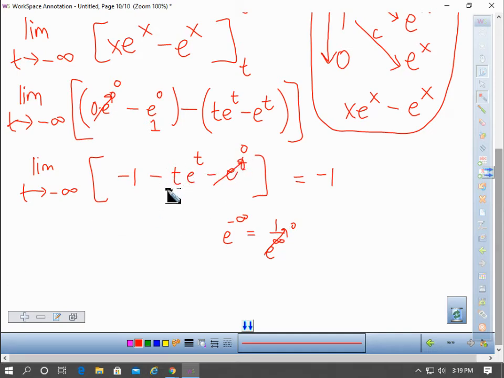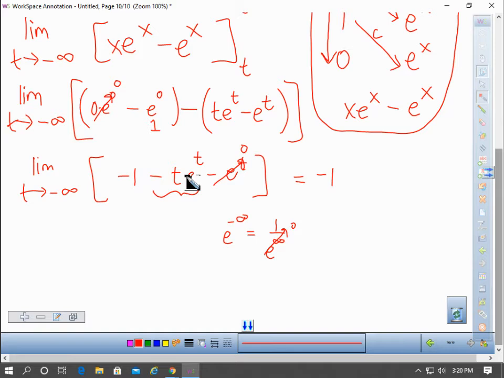Now we've got to figure out what's happening on this part when you put negative infinity in there. We just did the e to the t part, so we know that's going to be 0. And if I'm putting negative infinity in here, then I'm doing infinity times 0, and that's what we did earlier.